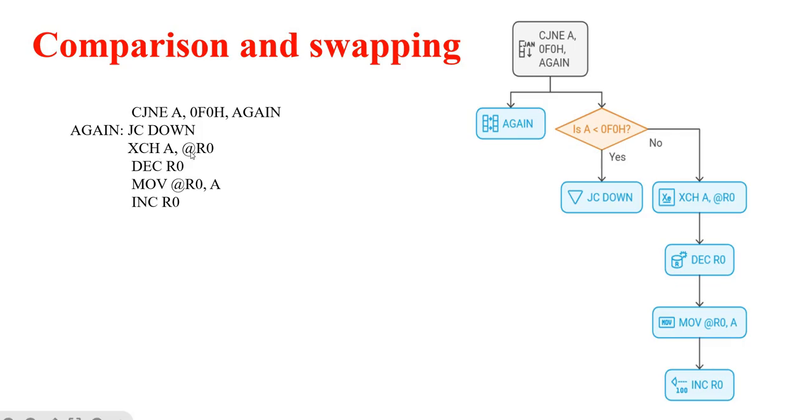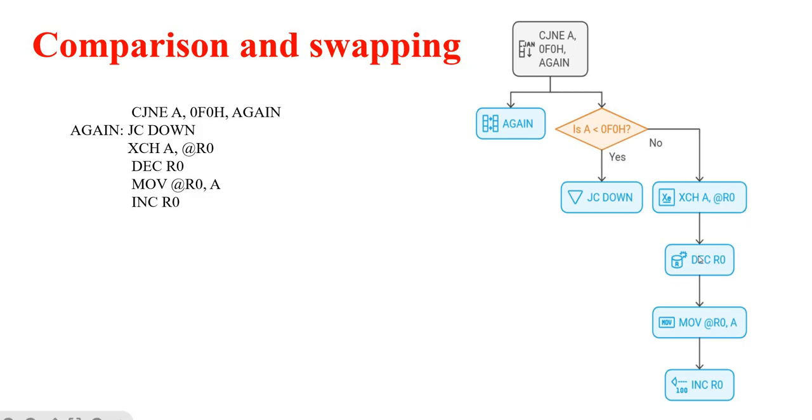Then we have exchange, that is XCH A, @R0. So this will exchange the contents of A with the value at the memory location pointed by R0. Okay, if the value in the accumulator is less than the value stored at 0F0h, then it will jump to DOWN. Otherwise, if A is greater, it will exchange the contents.